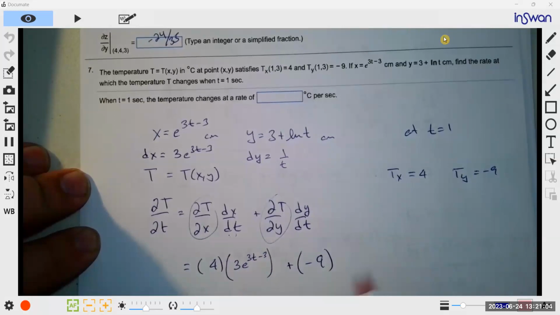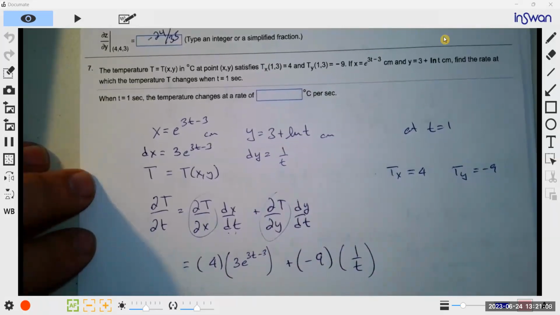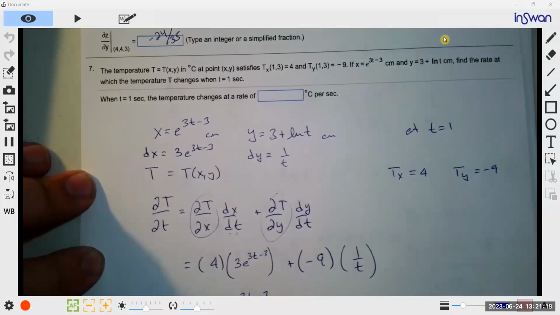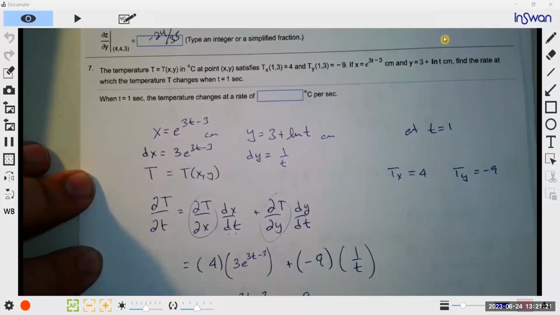So 4 times 3e^(3t minus 3), minus 9 times 1 over t: 12e^(3t minus 3) minus 9 over t.